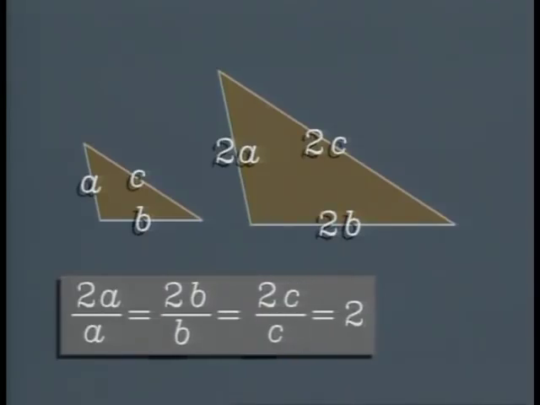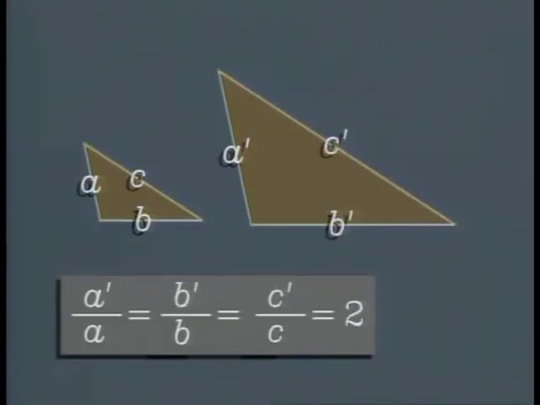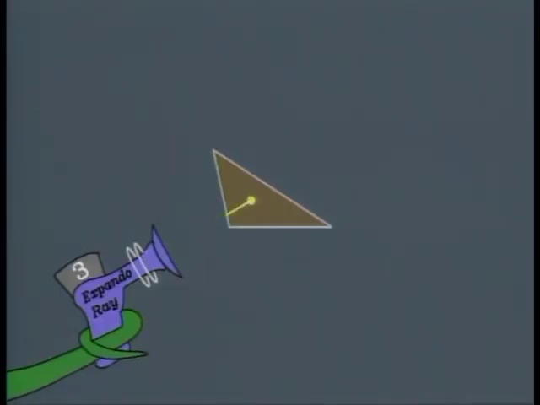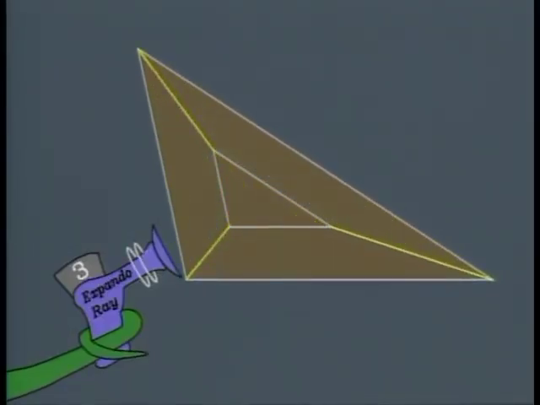Sometimes we indicate corresponding parts by using primes. For example, A prime corresponds to A, B prime to B, and C prime to C. If we expand by the scaling factor 3, we get a triangle with sides 3 times as large.